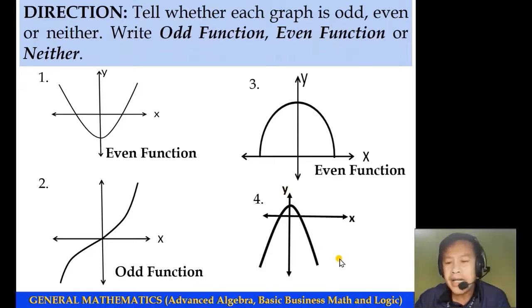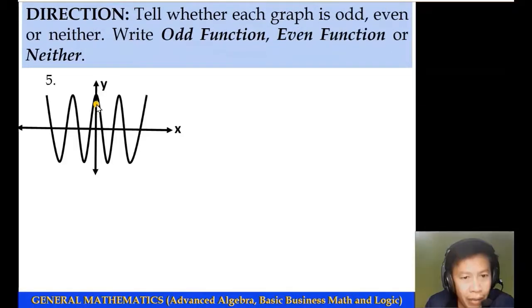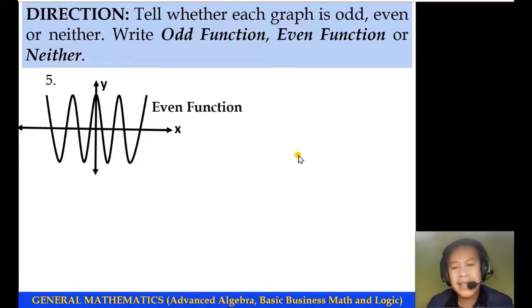That is why this is an example of an even function. Let us proceed with number 5. Our graph is symmetric with respect to the y-axis. Therefore, this is an example of an even function.